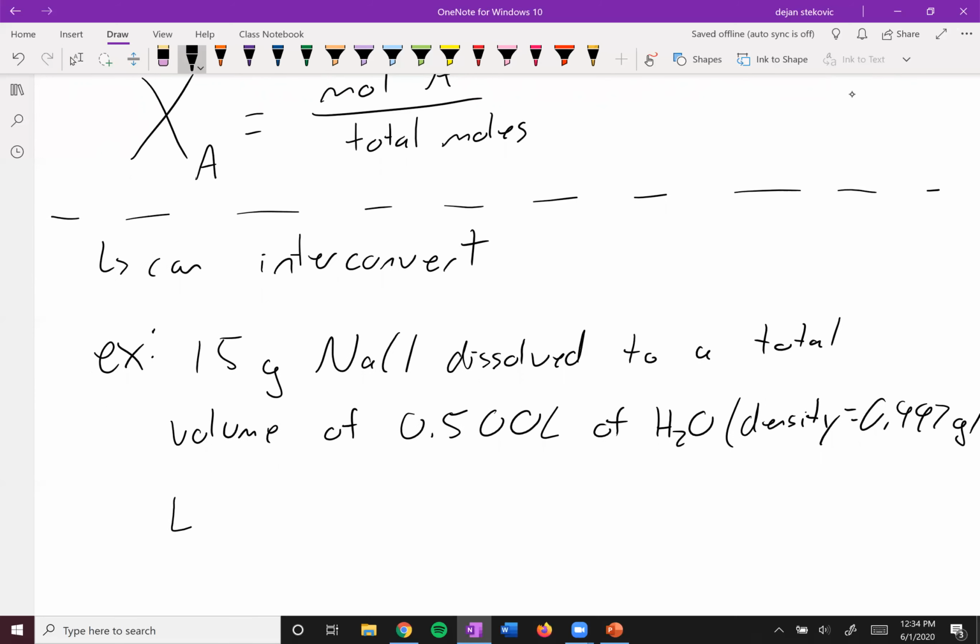So what the question is asking is to find molarity, molality, and the mole fraction of sodium chloride.